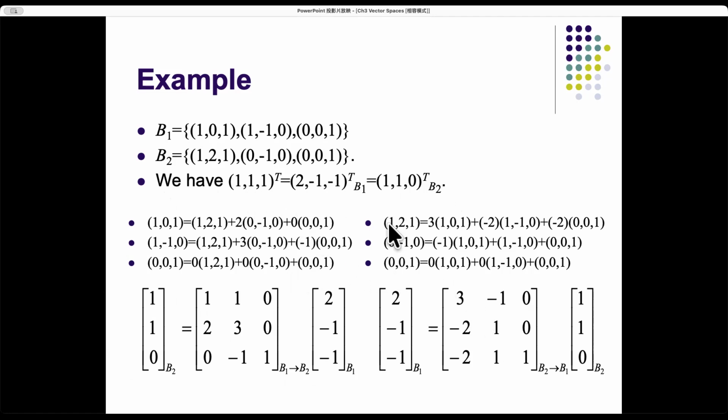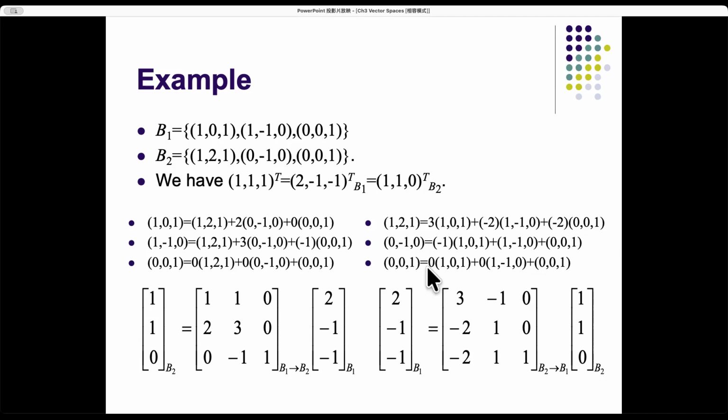Okay, and then similarly, you can represent the vectors in the second base using the linear combination of the first base. 1 2 1 is 3 times the first vector plus negative 2 times the second vector plus negative 2 times the third vector. And 0 negative 1 0 is negative 1 times the first vector plus 1 times the second vector plus 1 times the third vector.